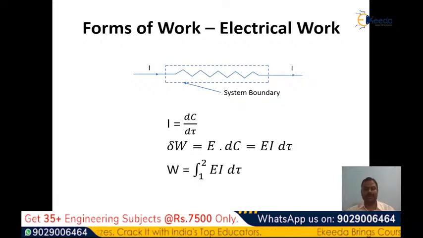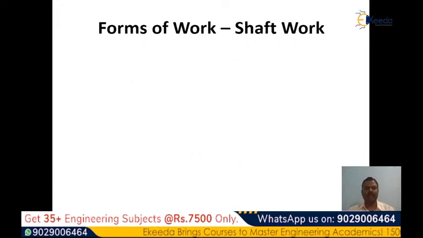If we integrate the product of E into I into d tau from the initial to the final state, we get the total work involved.